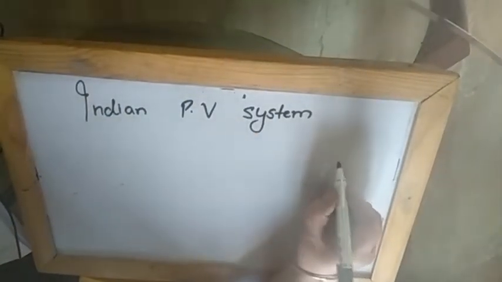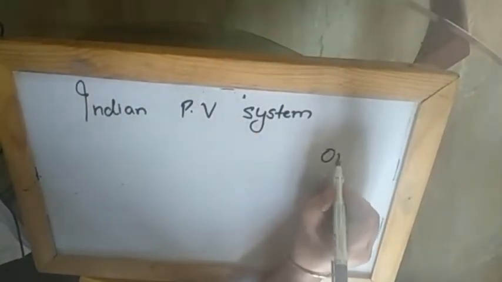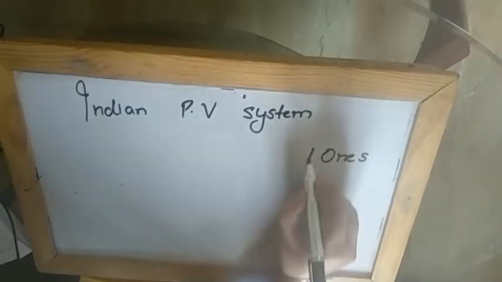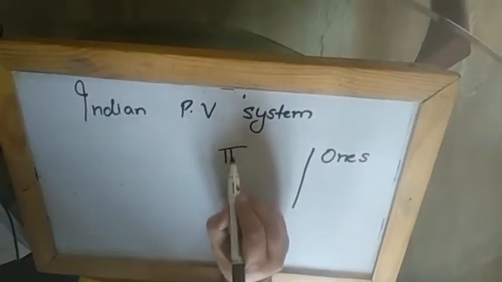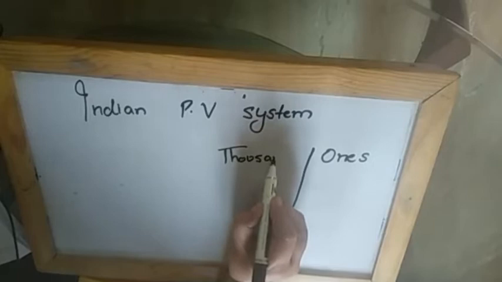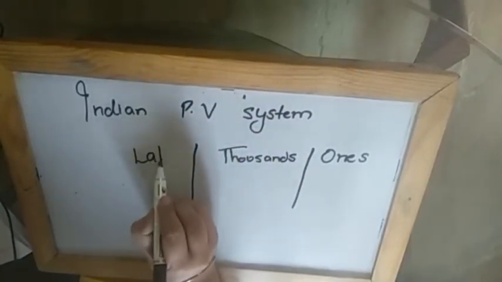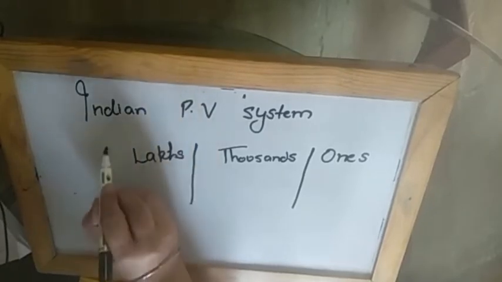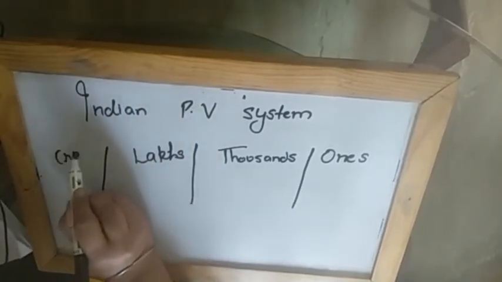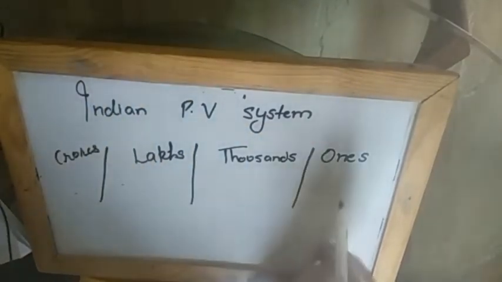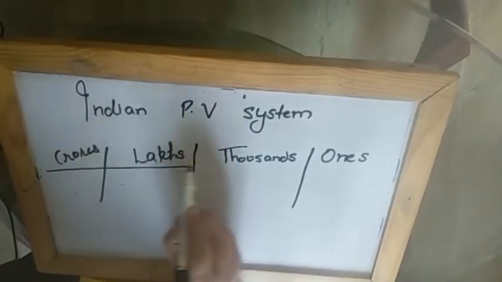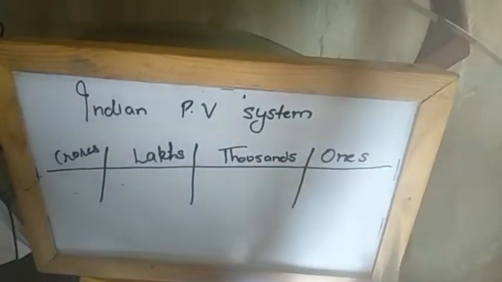Like first we have the period ones, and then we have the period thousands, and then we have the period lakhs, and then we have the period crores, and so on. Now each of these periods have place values.